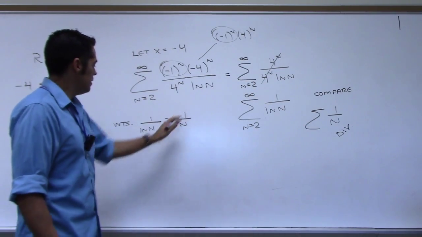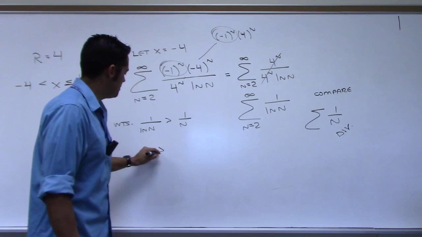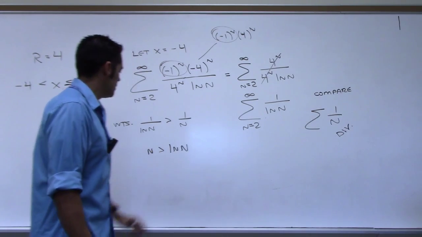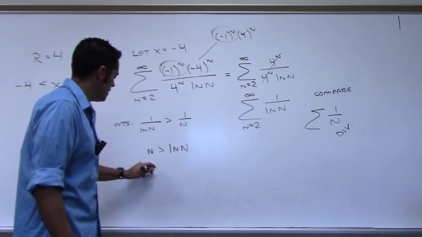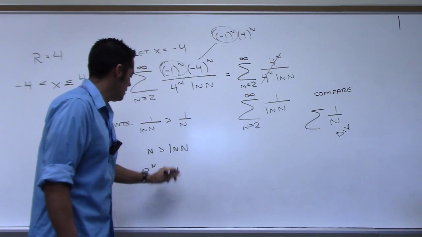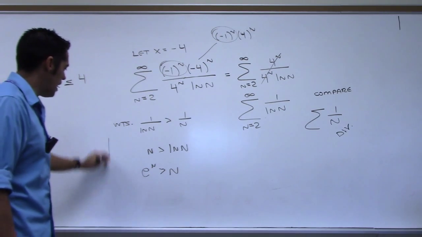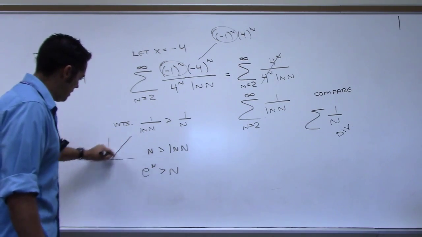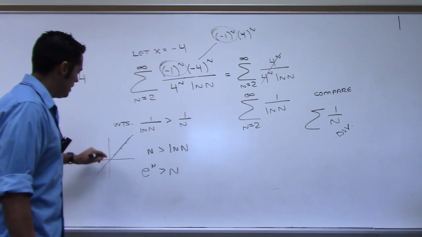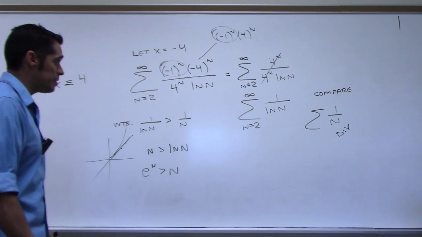And if I do my little thing here, n is bigger than natural log n. You can take e on both sides. E to the n is bigger than n. That's true. I mean, if you just graph those two, this is n, right? But just the dots. E to the n exponential function grows faster.